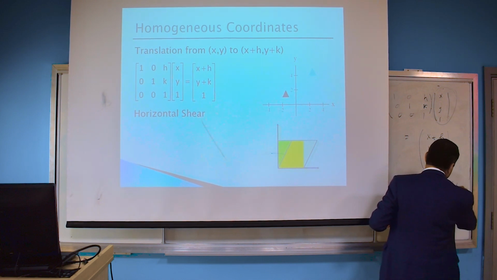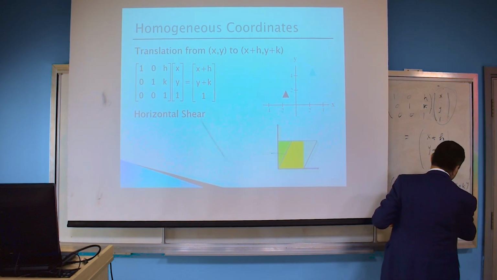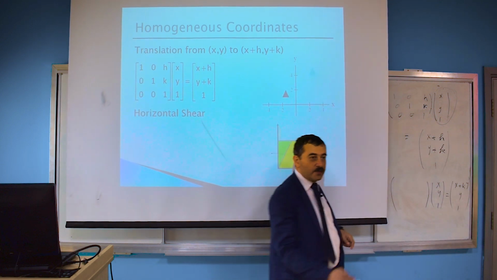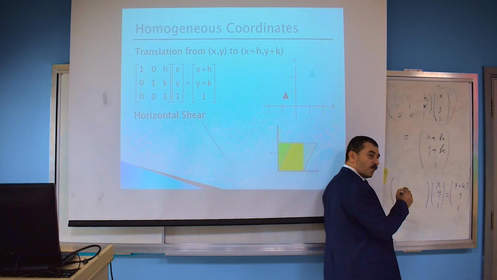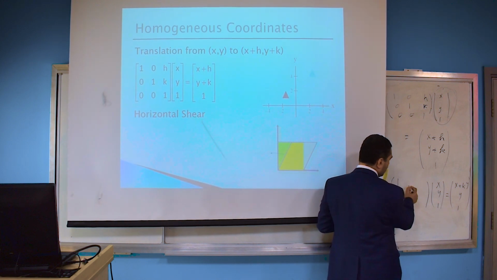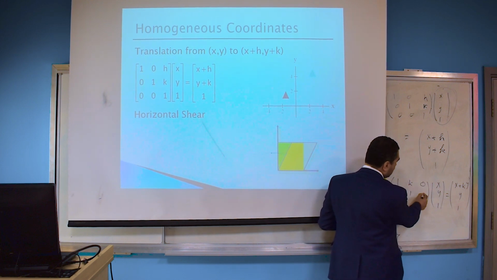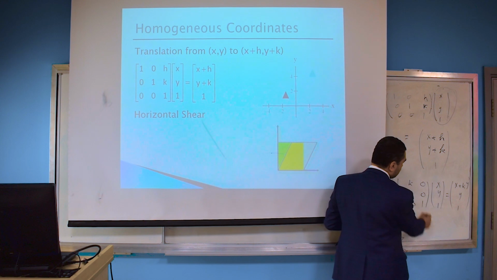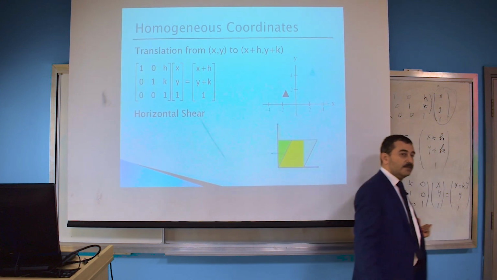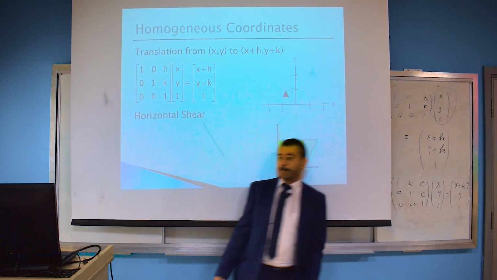I want here, for example, x plus ky, y, and 1. So what are the values for the transformation matrix? 1, k, 0, 0, 1, 0. So I prefer to write this first and then write the matrix.